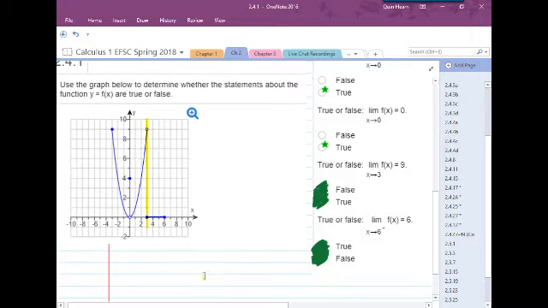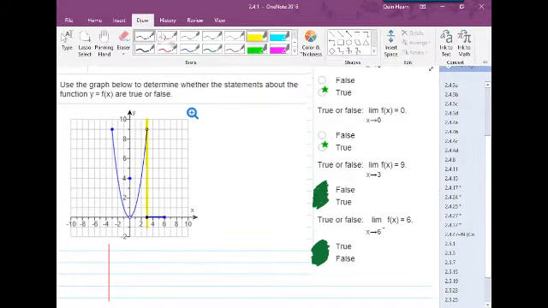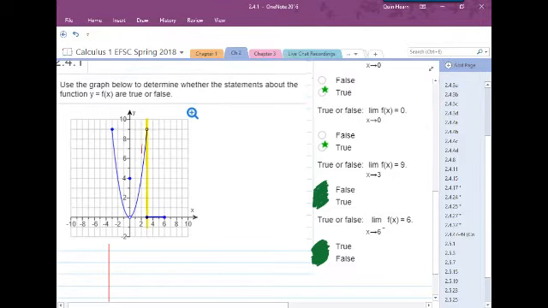So when that happens, you look and you see, does the limit from the left equal the limit from the right? So coming in from the left towards the x value 3, we're going to hit the y value 9. Well, actually, we don't ever actually hit it, but we're headed in that direction.